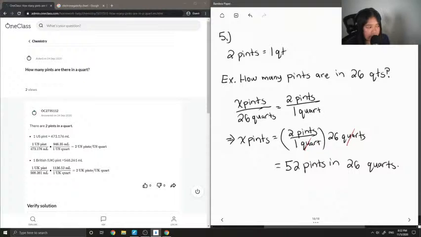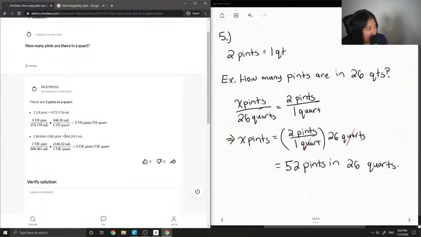Okay, so let's see what our junior tutor said. There are 2 pints in a quart. 1 US pint is equal to 473.176 milliliters. Okay, so they also put how many mils are in a quart as well.